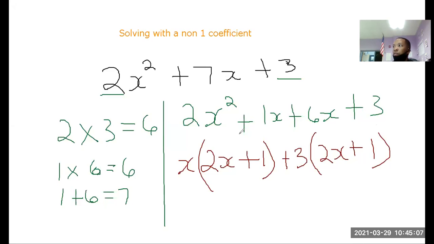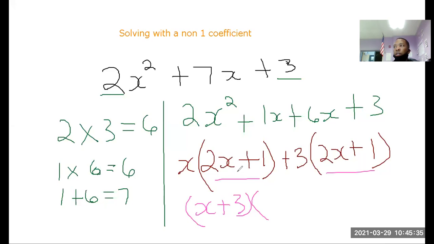So then, just to recap, I take the first two numbers and I do the greatest common factor, then I take the next two and I do the greatest common factor again. Then you realize that these two parts are the same. So then I take my two greatest common factors, so x and then plus 3. Put that in parentheses.